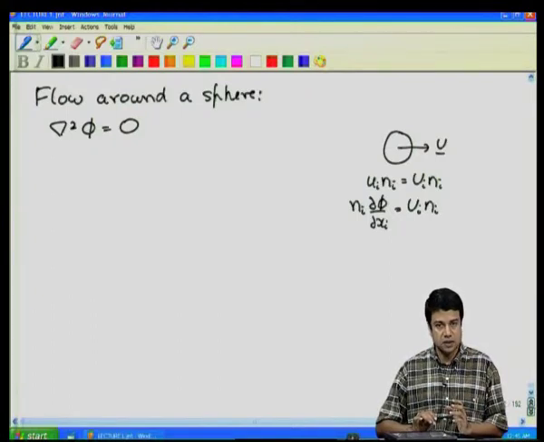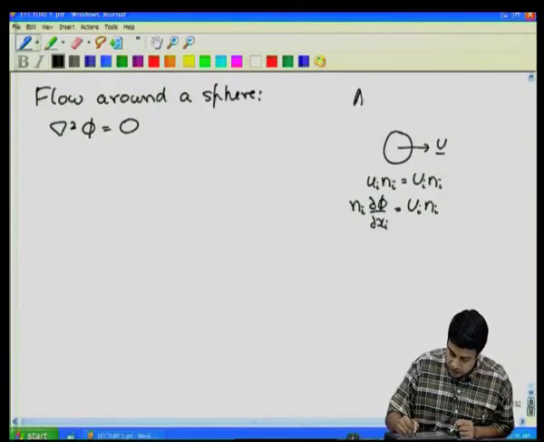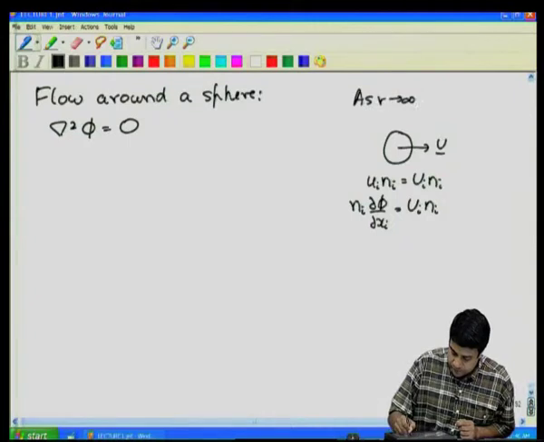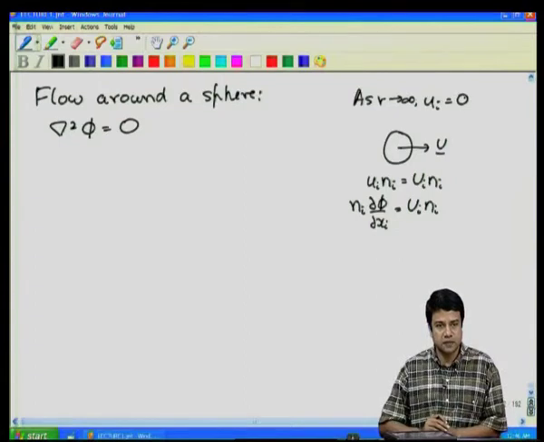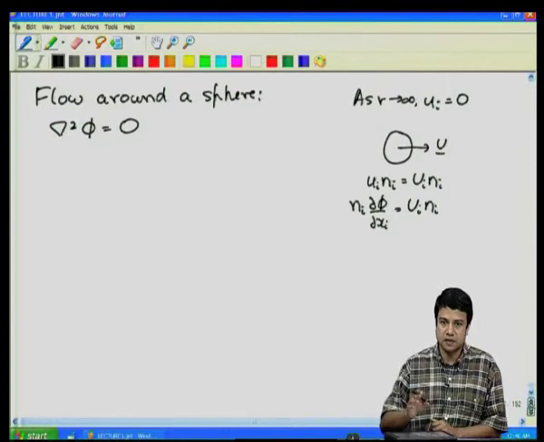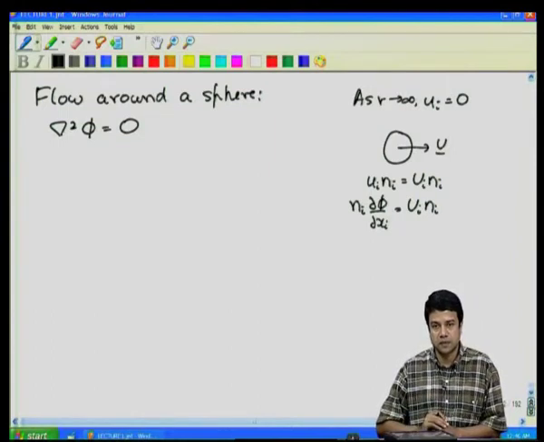Of course, since the sphere is in an infinite medium, the velocity far away has to be equal to 0. The velocity at the surface of the sphere itself satisfies the normal velocity boundary condition. That means that the potential is a linear function of the velocity of the sphere itself. Whichever axis the velocity of the sphere is along, the potential will in general be a linear function of this axis.